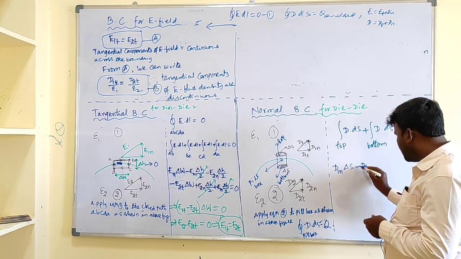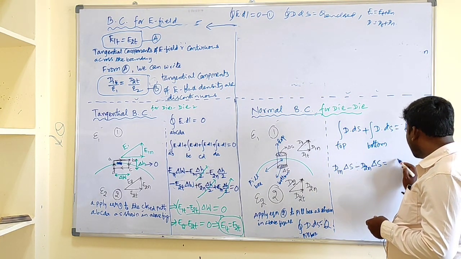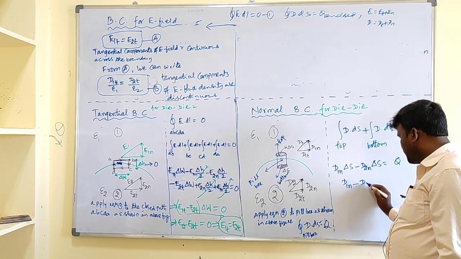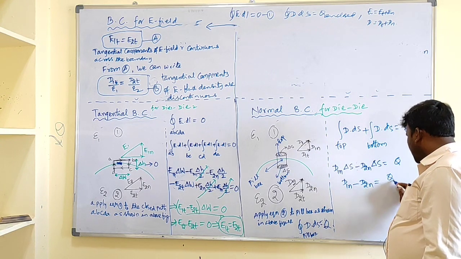So we can write D1n delta s minus D2n delta s equal to Q. Then this can be written as D1n minus D2n equal to Q by delta s.